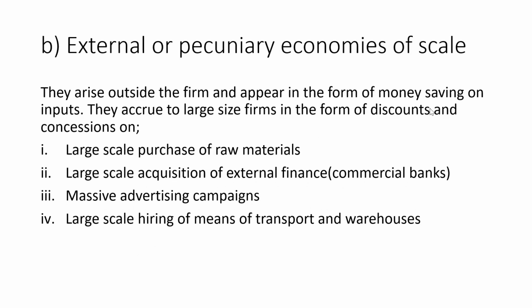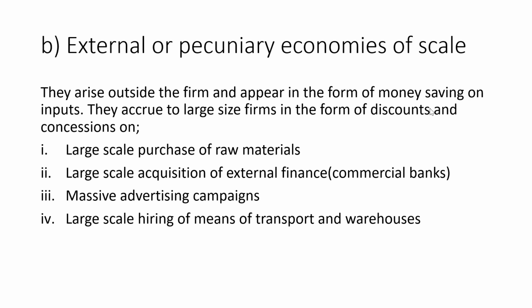Another form of economies of scale is the external economies of scale, and these arise outside the firm and appear in the form of money saving on inputs. So these accrue to the large size firms in the form of discounts and concessions on the large scale purchase of raw materials, large scale acquisition of external finance, particularly from the commercial banks, massive advertising campaigns, and large scale hiring of the means of transport, as well as warehouses.